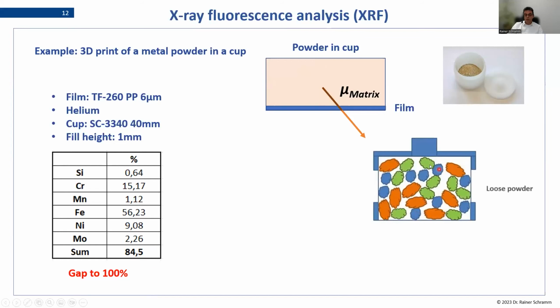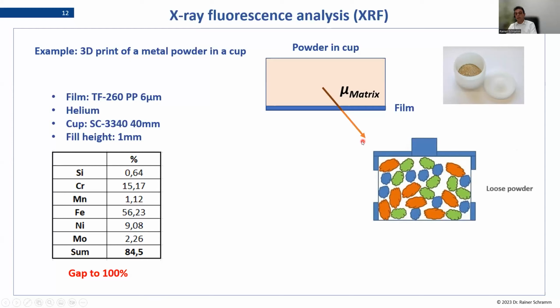The reason is that now we have a powder, and the powder contains particles. There will be some holes in between. So this is the first reason that we do not have a 100% filled volume. This is why we can't reach 100%. The second point is that at every particle surface, the radiation ingoing and outgoing is scattered.